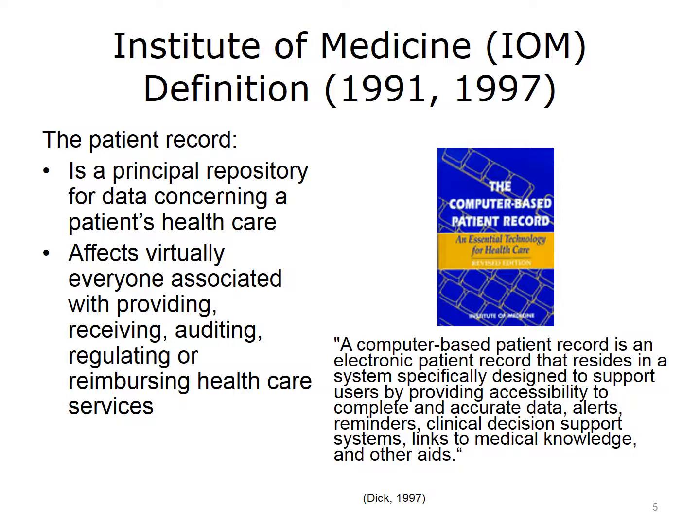The IOM definition defines a computer-based patient record as an electronic patient record that resides in a system specifically designed to support users by providing accessibility to complete and accurate data, alerts, reminders, clinical decision support systems, links to medical knowledge, and other aids. This definition still works. Note the words complete and accurate data and the use of decision support. Note the coupling to medical knowledge.